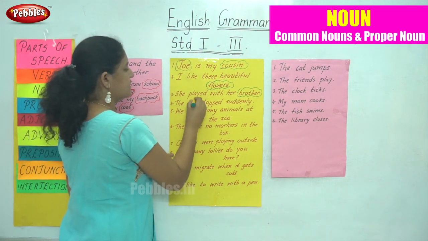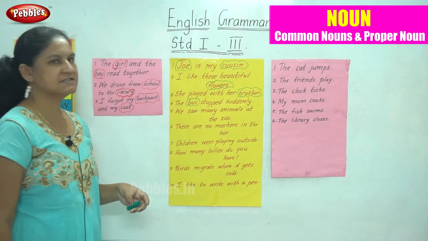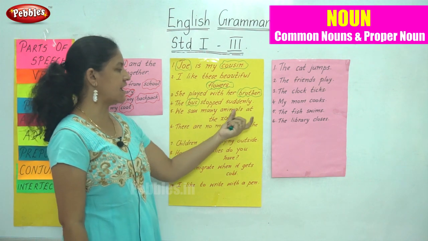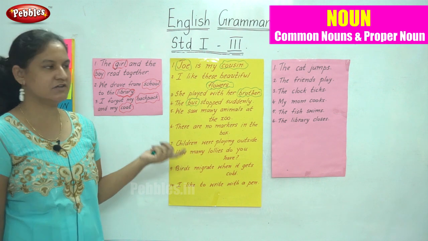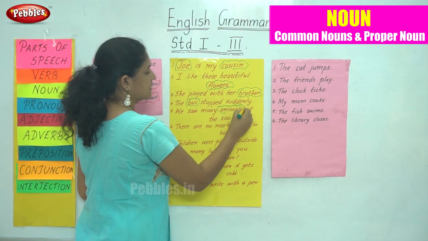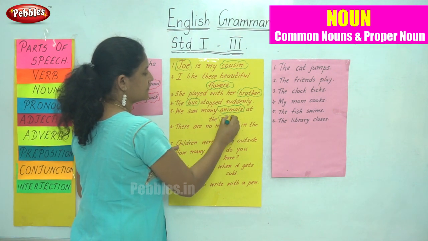Bus is the name of a vehicle. The next sentence we have, we saw many animals at the zoo. So we have 2 nouns in this sentence, animals and the word zoo. Zoo is the name of a place.